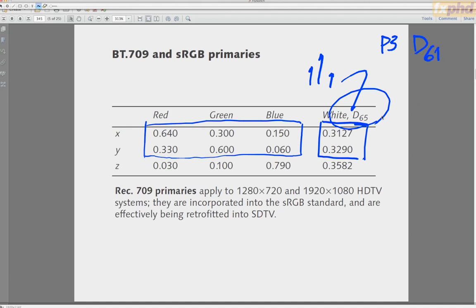So you can choose different white points for different applications. Here I've shown the little Z coordinate, but don't worry too much about that because if you've got X and Y, you can always make little z. It's just 1 minus x minus y, which you can confirm by looking at the arithmetic.